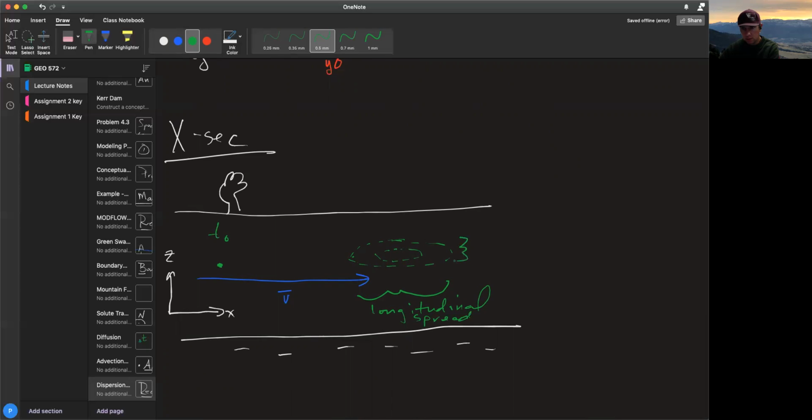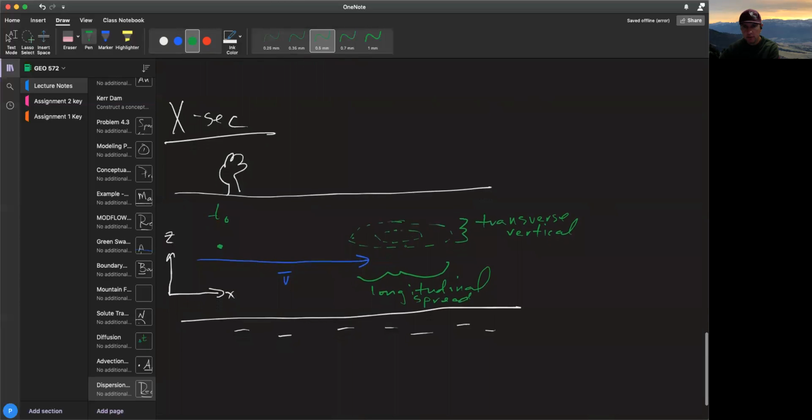And this now is the transverse horizontal, or sorry, transverse vertical spread.